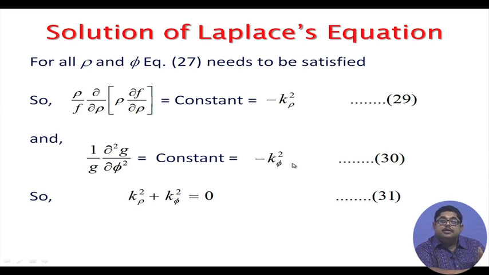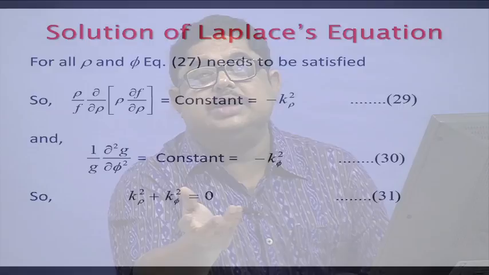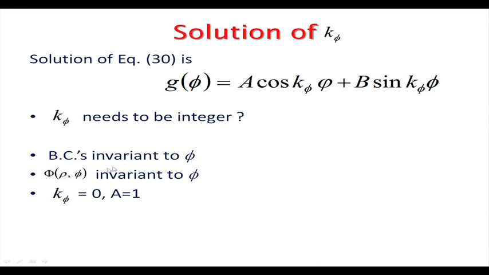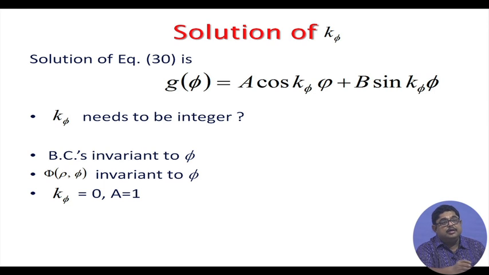Now, from our knowledge of differential equations, we know that this is possible only if we have either a cosine or sinusoidal variation. So, the general solution of this equation will be that g phi is a cosine function plus a sine function. Now, this phi, in cylindrical coordinates the azimuthal coordinate phi is an angle, so that has a periodicity of 2 pi.